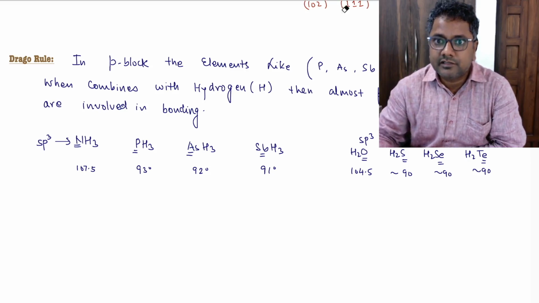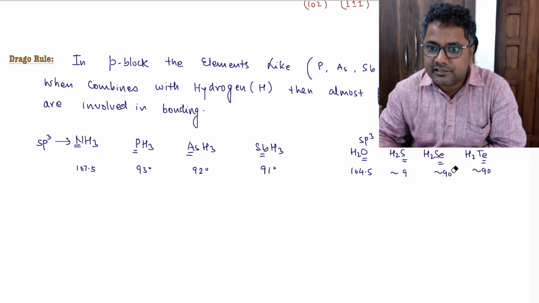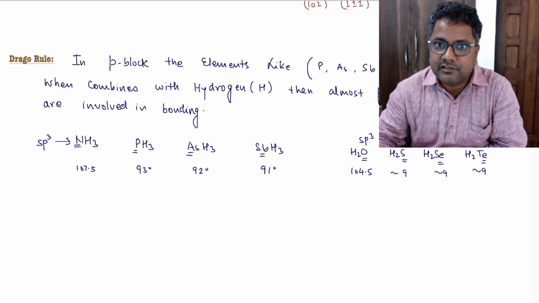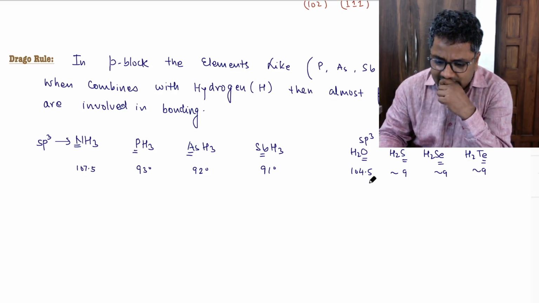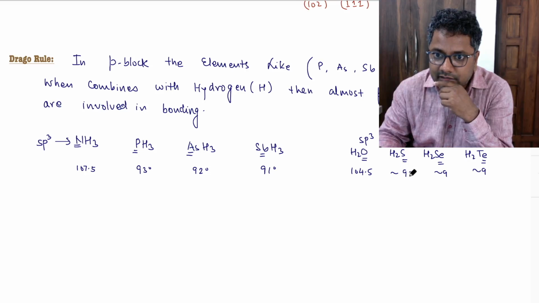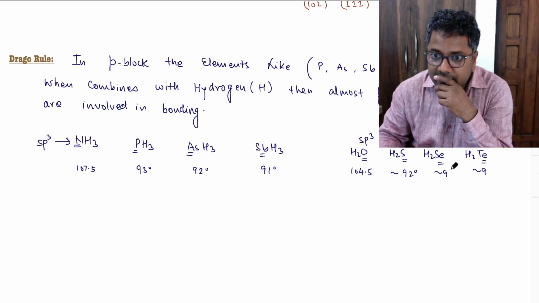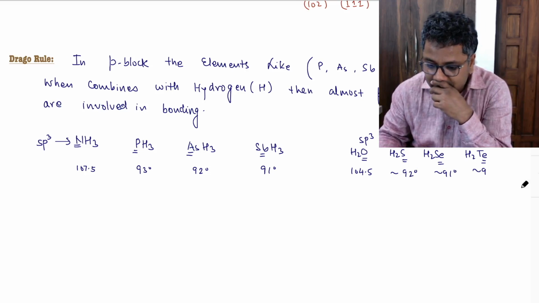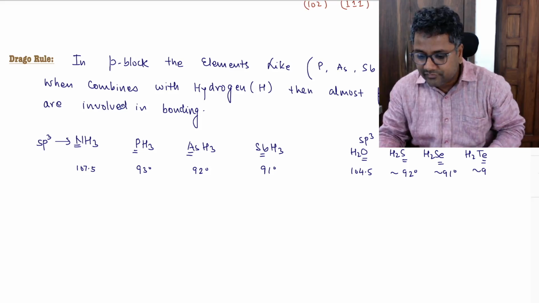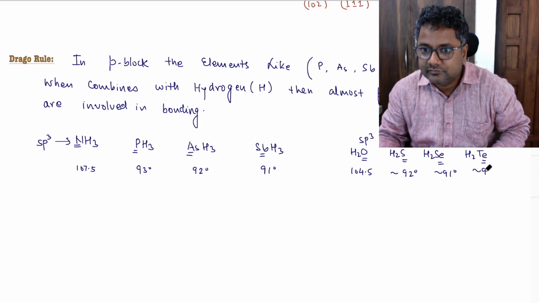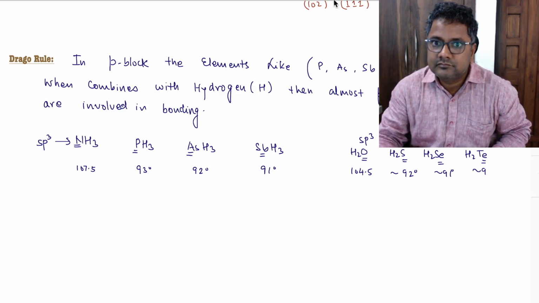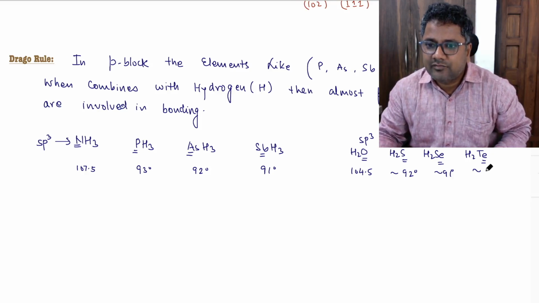Now if you want, you can write this: H2S 92 degree, right? H2Se 91 degree, and H2Te 89.5 degree.